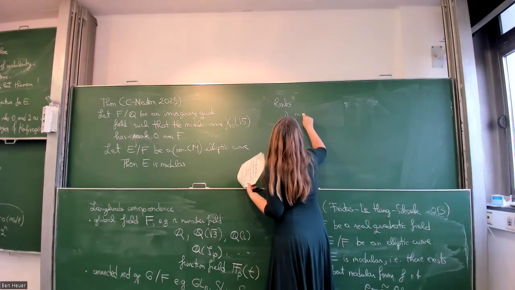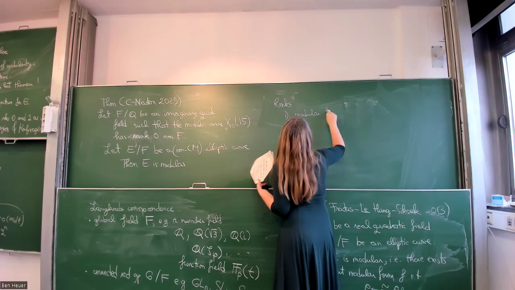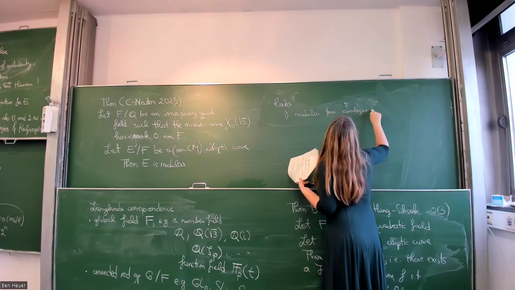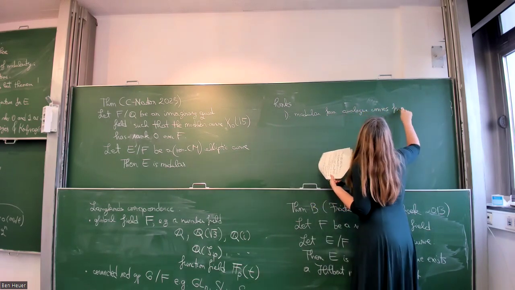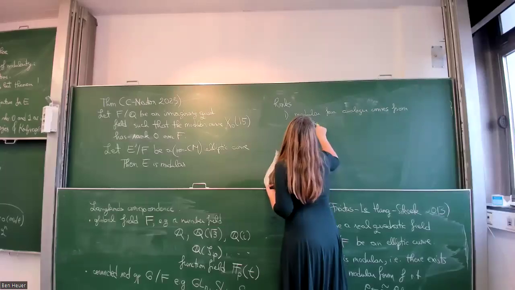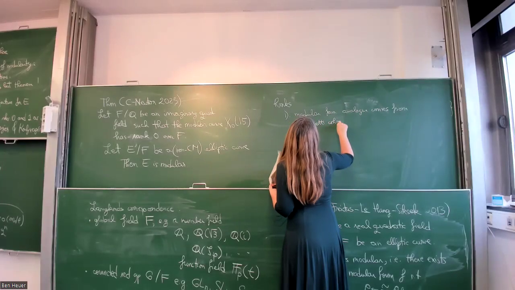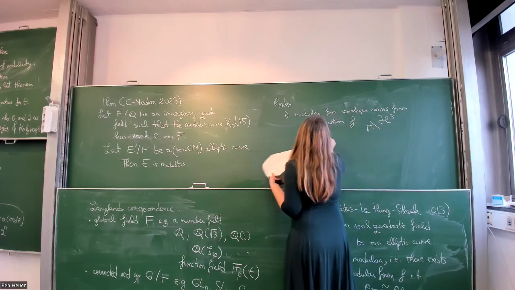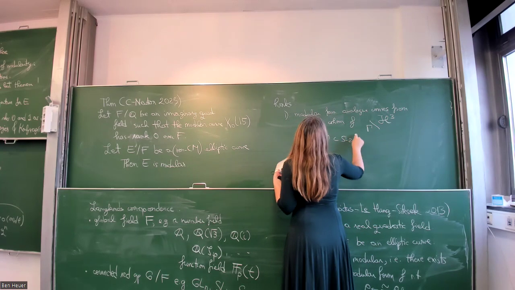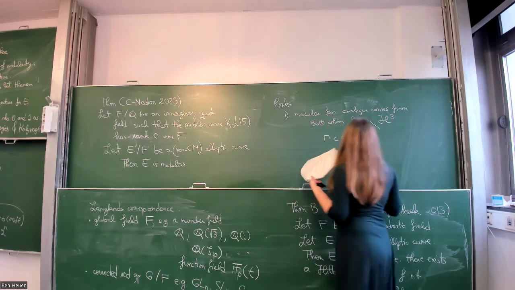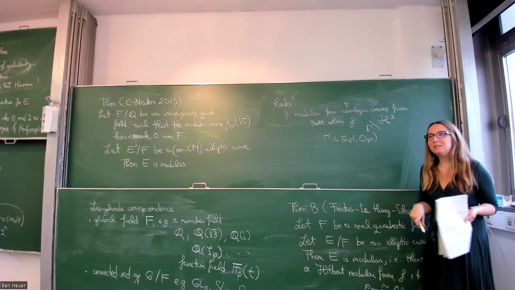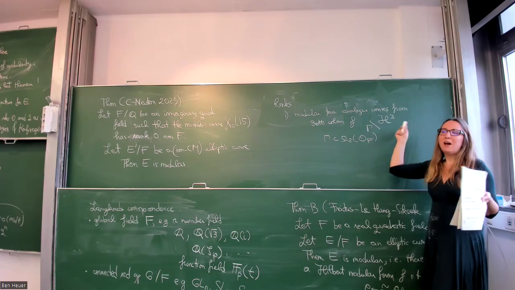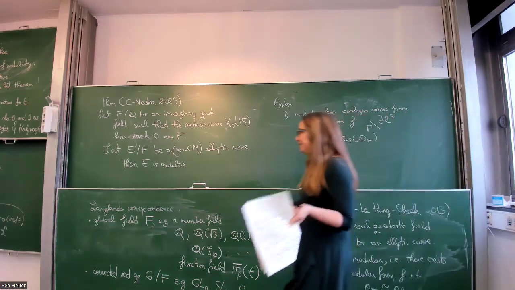So the modular form analog comes from the Betti cohomology. So I have hyperbolic 3-space quotiented out by some congruence subgroup, some arithmetic group that's finite index inside SL2 over the ring of integers of F. But the point is this doesn't have an algebraic structure. So that's the first difference.